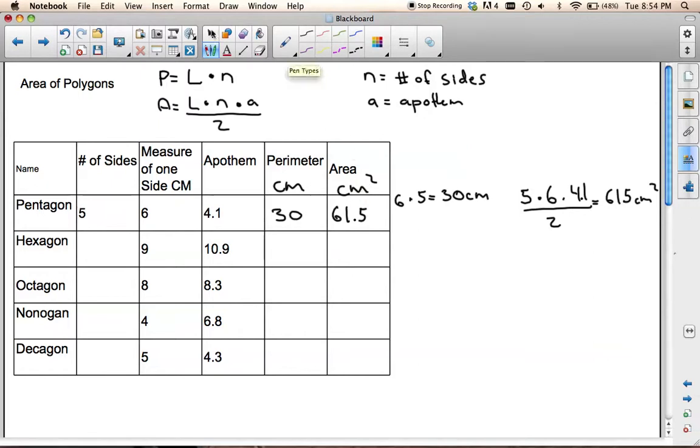So if we look, we have a hexagon. Hexa comes from the Greek word for 6. So we end up having 6 sides. And again, we do the same thing that we did before. We know our perimeter is length times number of sides. So 6 times 9 gives us 54 centimeters.